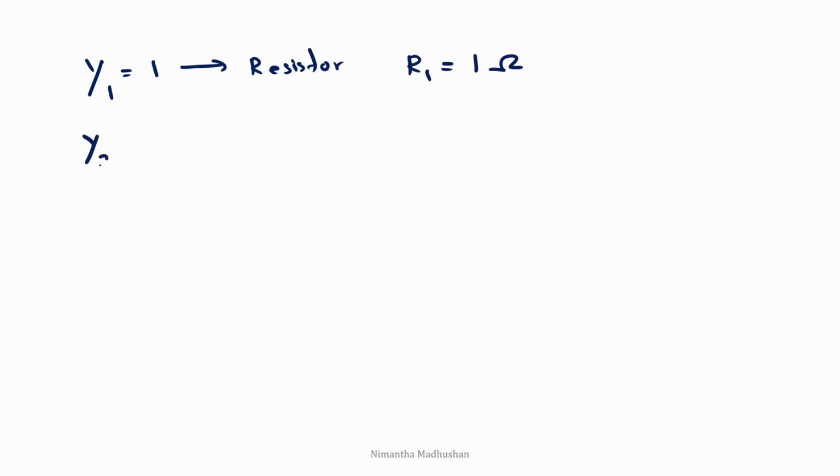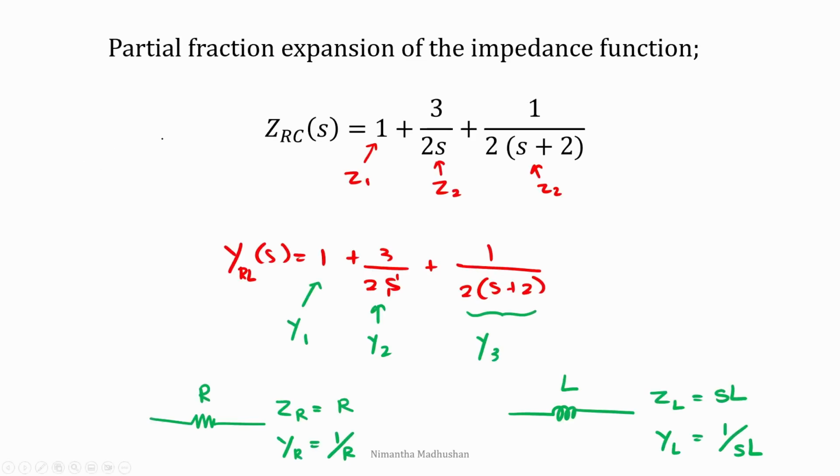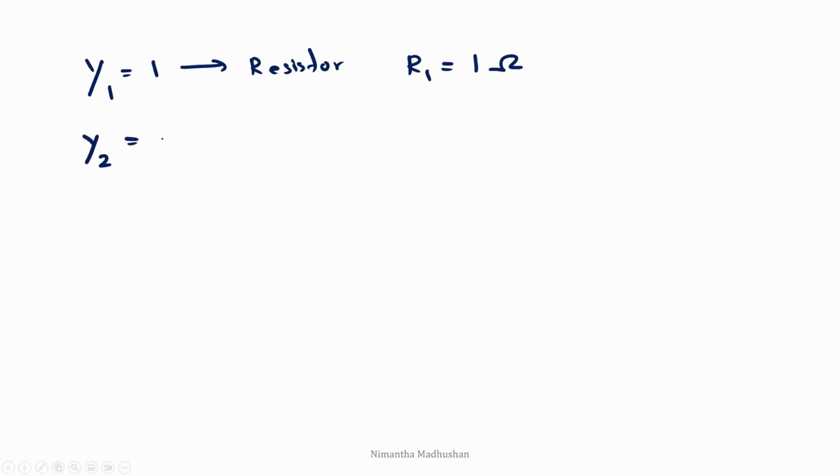Then I consider Y2. The Y2 value is equal to 3 over 2S. Now you can see there is an S term. Then it will be an inductor.